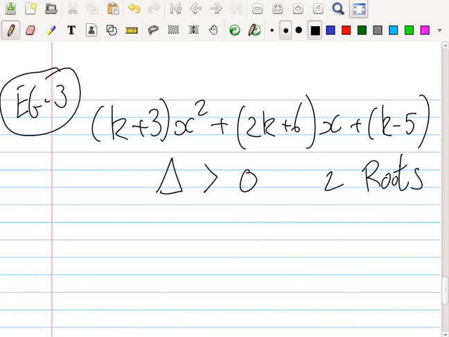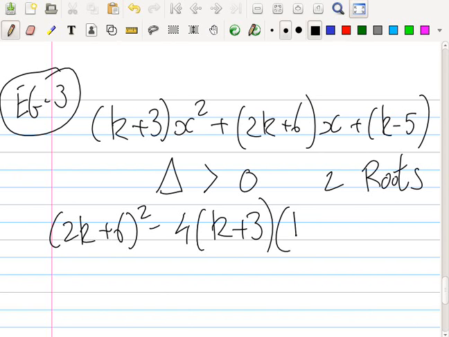So this is our starting point, okay? Discriminant delta is more than 0. So b squared minus 4ac is positive. Yes?